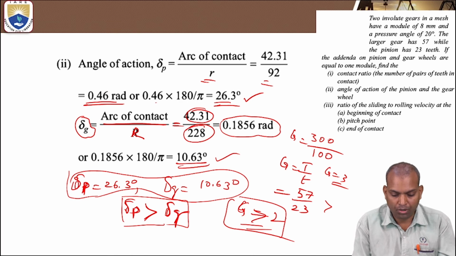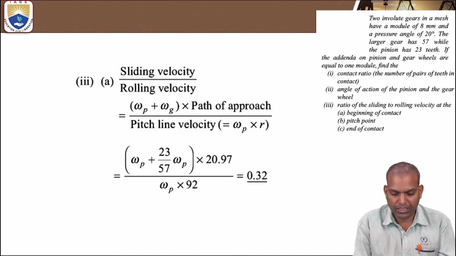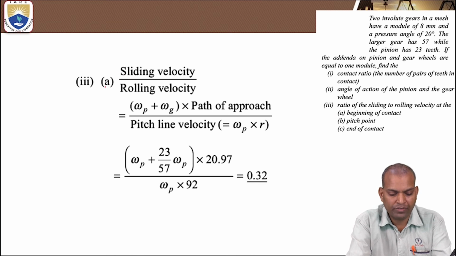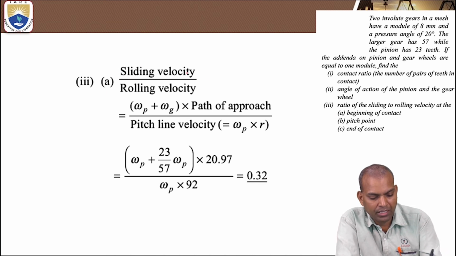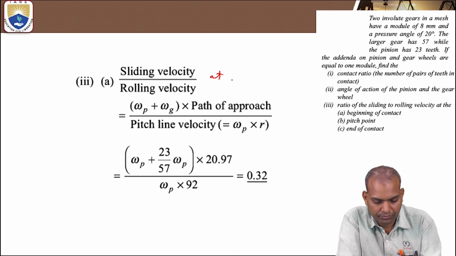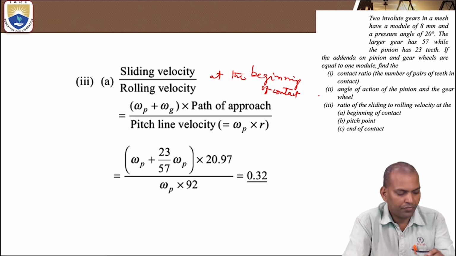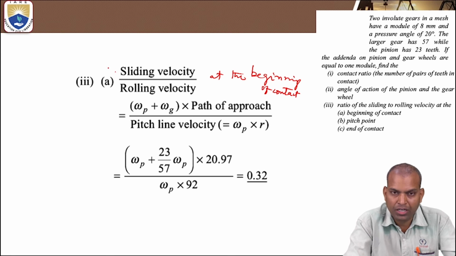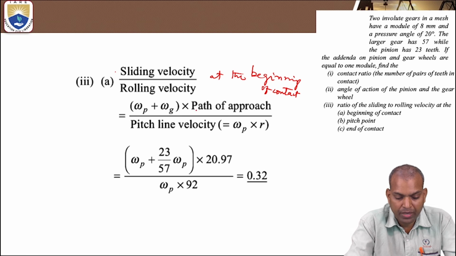Now, in the third objective, we want the ratio of sliding to rolling velocity at the beginning of contact. What is the sliding velocity formula? Omega P plus omega G times the path of approach.